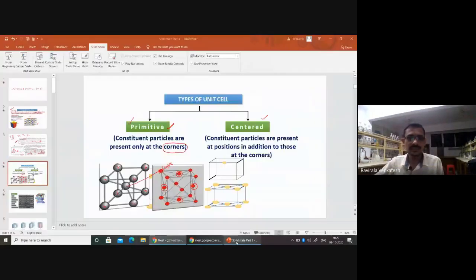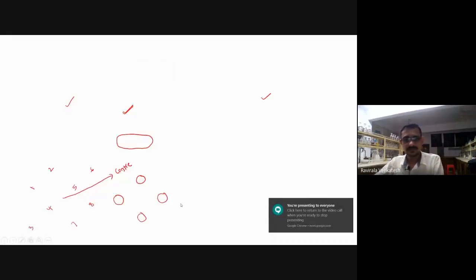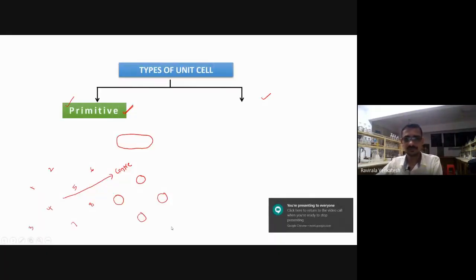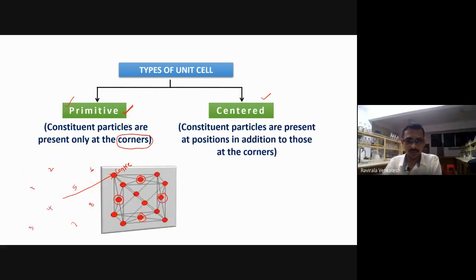Let me go again to the slides here. Now you are going to observe here what happened. These faces here. This is what actually top face. This one is bottom face. This one is right face.